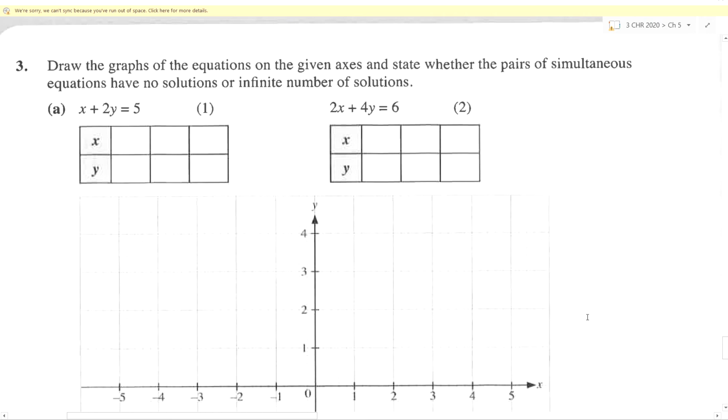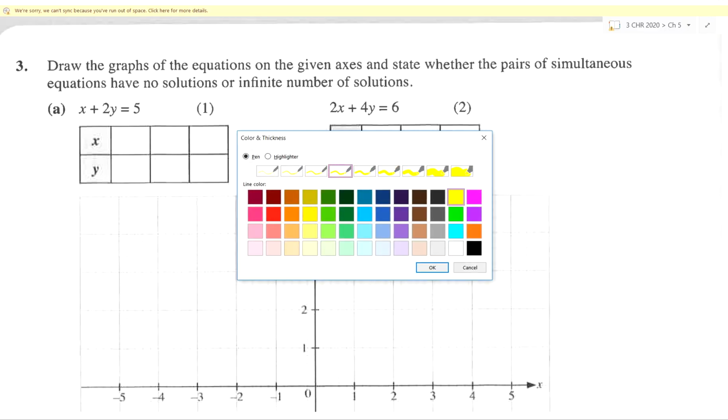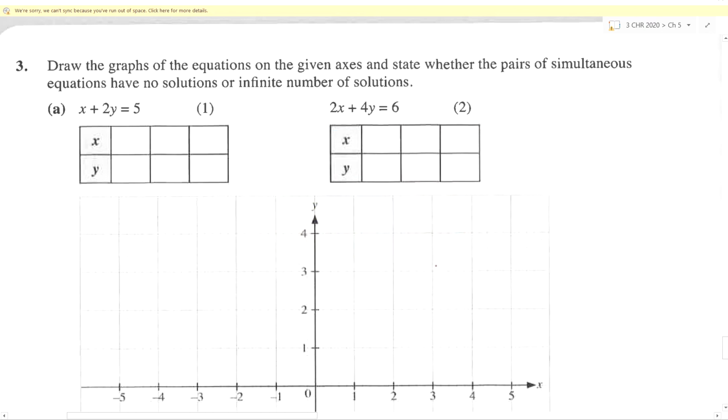Now, let's begin with question 3. We always like to make y the subject of the given equation, because from there we can tell what the y-intercept and the gradient will be really quickly. Also, we will be able to find the values of y much faster. So from here, let us make y the subject. We subtract x on both sides, so we have 2y equals 5 minus x.